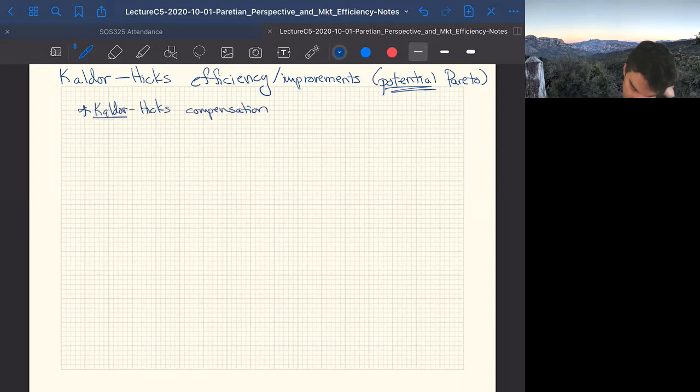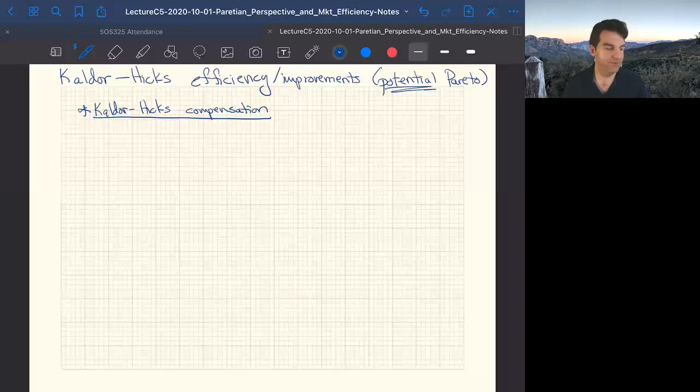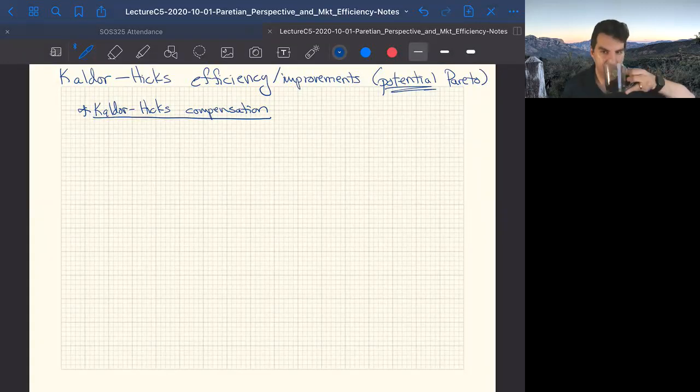So before I go on, for anyone who's read this ahead in the book, does somebody want to give me their summary of how they read what a Kaldor-Hicks improvement is, or what's the difference between Kaldor-Hicks and Pareto? Does anybody have a good summary for that? Anybody?